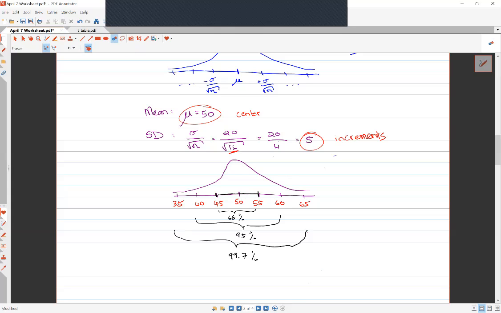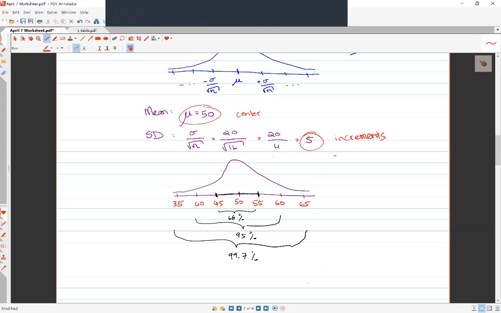We're doing a calculation for a specific sample size. It'll be very rare that the average you get, if you sample 16 individuals or 16 units from this population, almost never will that average be below 35 or above 65. Yes, it can happen, but it'll be rare.